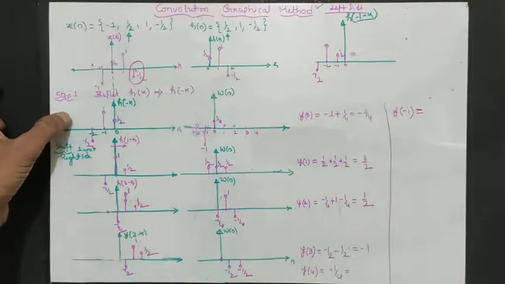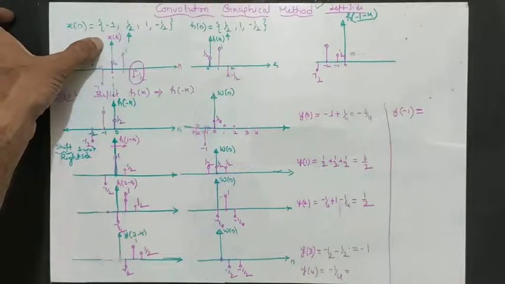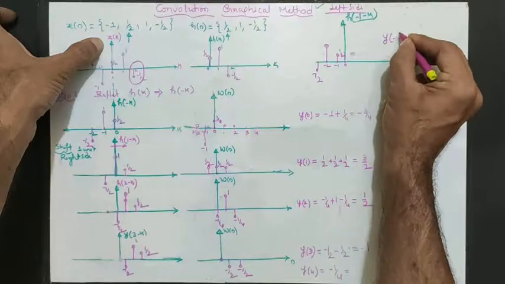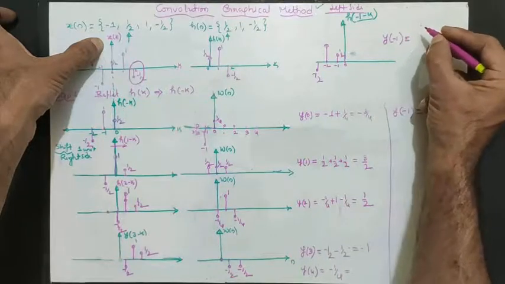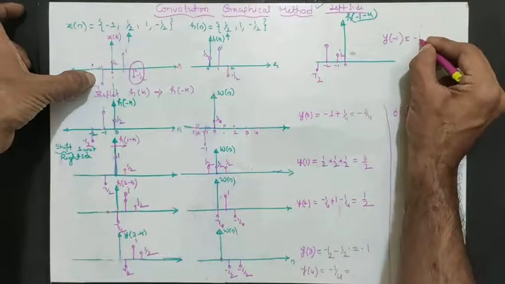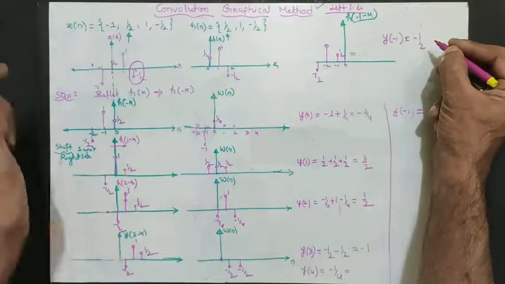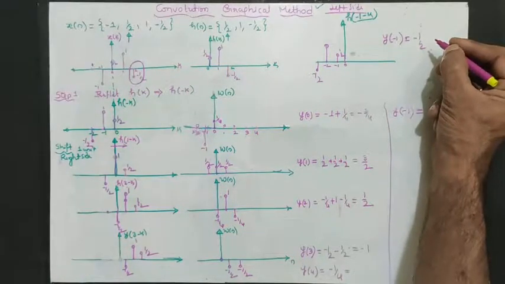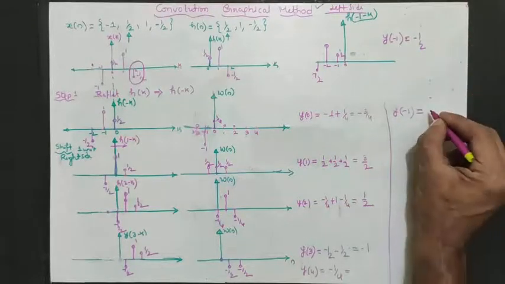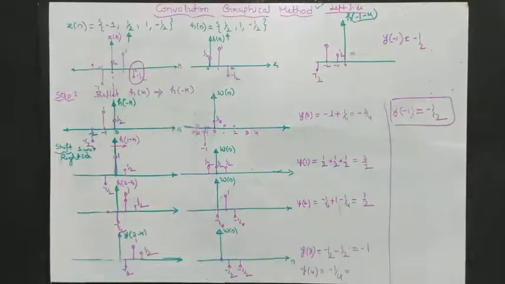Hence, if you multiply h of minus 1 minus k with x of k, y of minus 1 will be half into minus 1, minus half, and then no more shifting is present, hence my y of minus 1 answer is minus half. That's my complete answer.